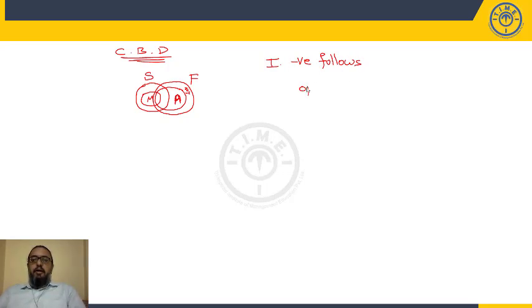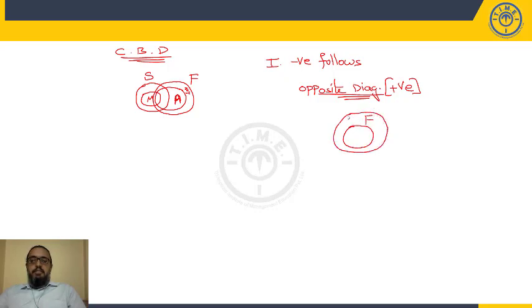We take the opposite diagram, or complementary diagram, both are same. For the negative, the opposite is nothing but the positive. Means for some A's are not B's, all A's are B's is the opposite. For some foreign are not media, all the foreign are media. This is the opposite diagram.